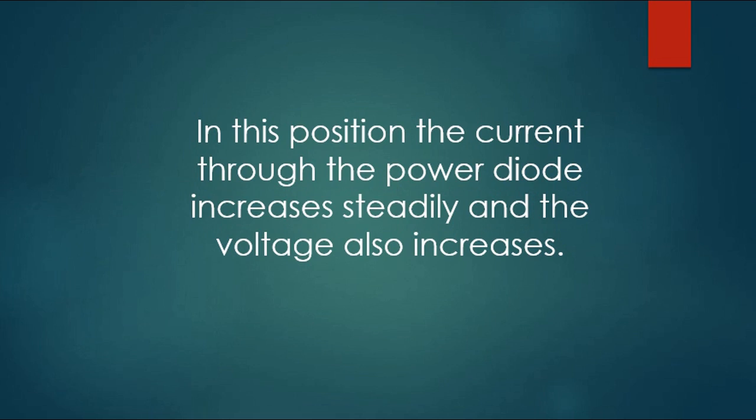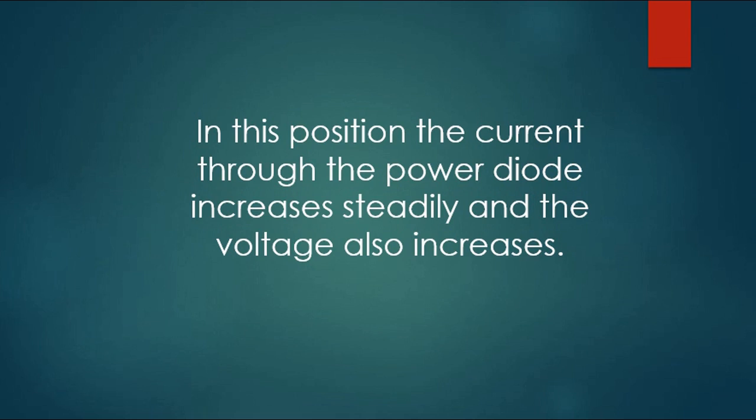Please, if you don't understand the difference between current and voltage, I have already made that video previously. I also want you to know that current cannot move without voltage, while voltage can move without current.